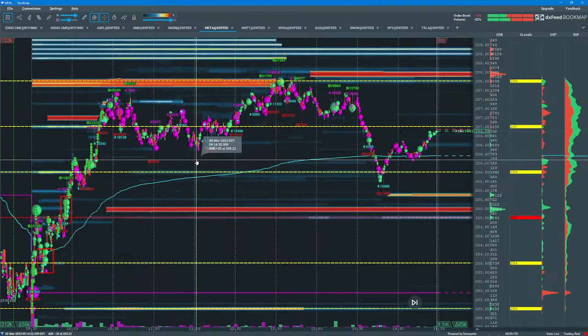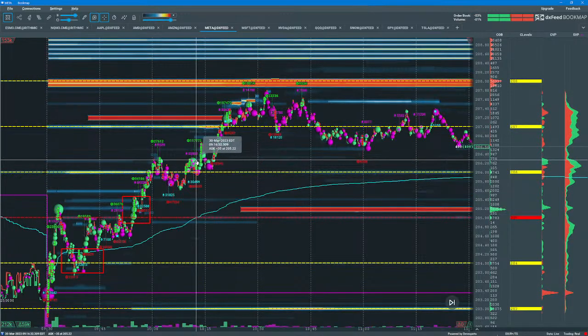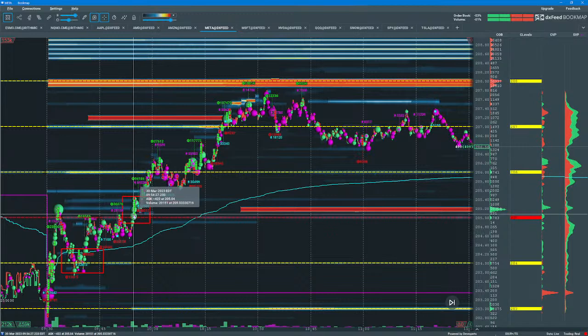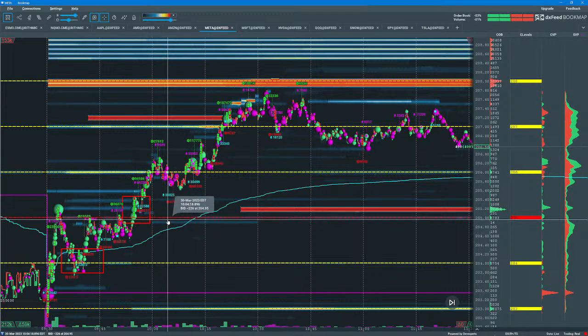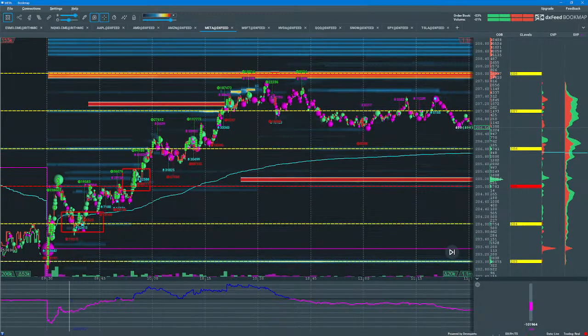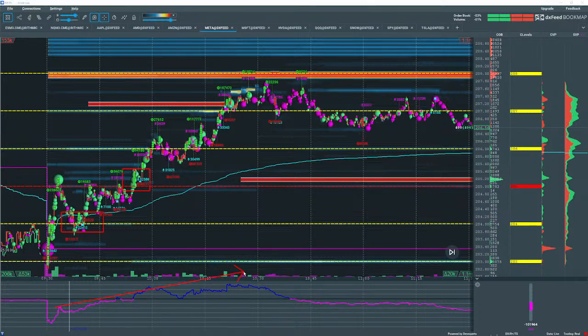I'm going to zoom in on this first part. Notice all the buy sweeps in here, all these small green dots, and also the bullish order flow shown by the increasing cumulative volume delta, and also all the green volume dots up until about 10:30, just below the 208 price target.